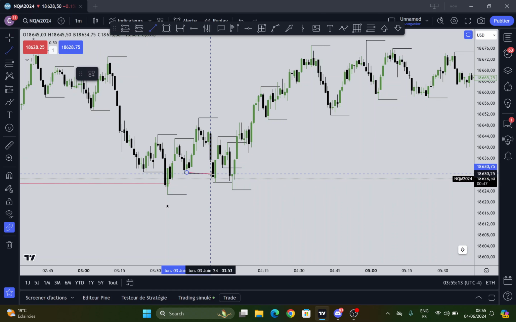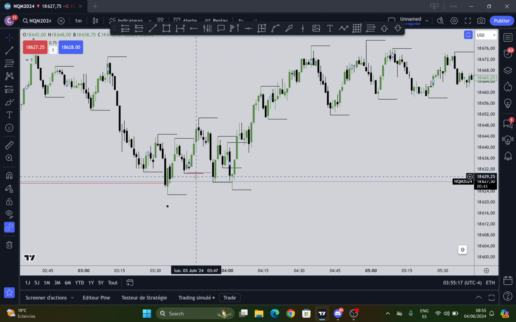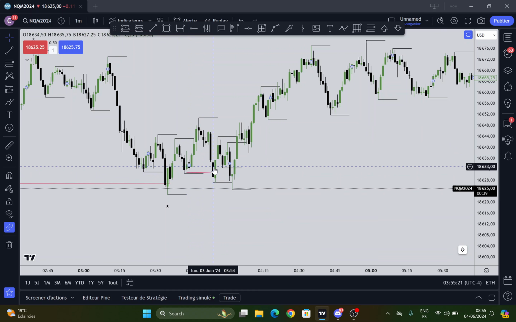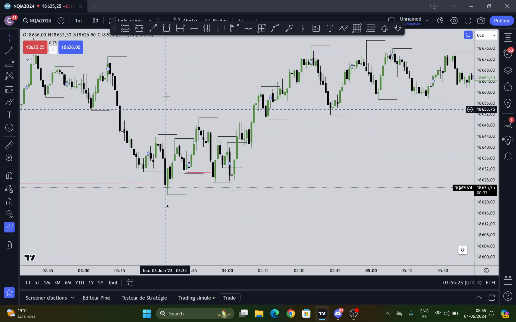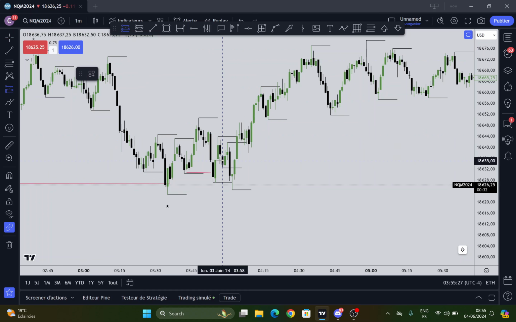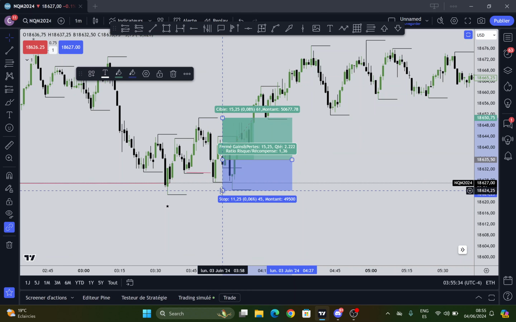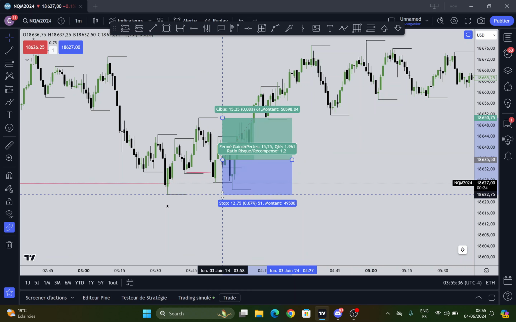So we always wait for it to be swept and a CSS to happen. You can take a trade like that from the mitigation of this CSS right here. Target the high and put the stop under the zone, right?